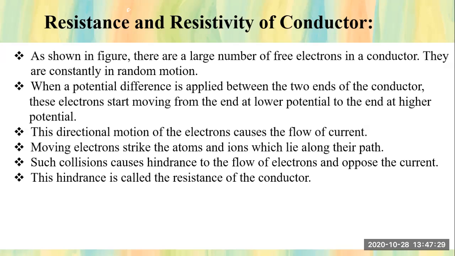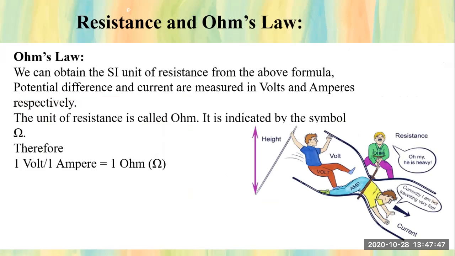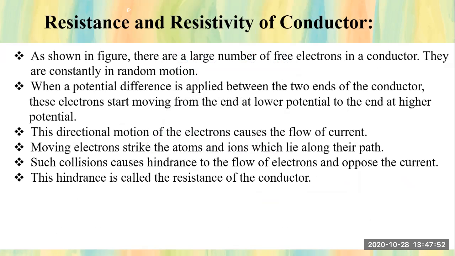We have seen this point also, that electrons flow from lower potential to higher potential, while current flows from higher potential to lower potential. See this diagram, current is flowing from higher potential to lower potential, but electrons are flowing from lower potential to higher potential. The second point you have understood now.